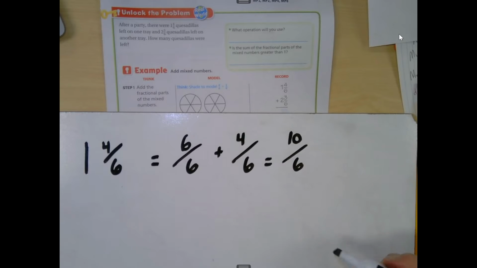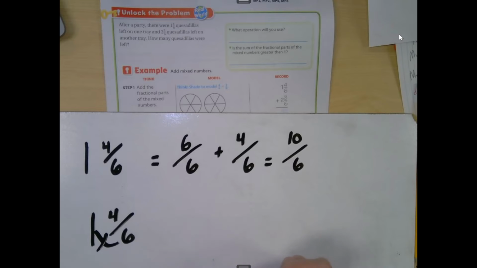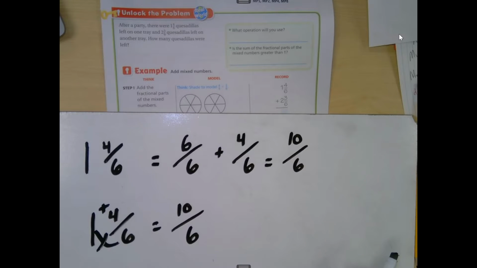Or the shortcut way to do this is take 1 times the 6, 1 times 6 is 6, plus 4, so you'd add on this, and that equals 10/6. That's one way to do it.